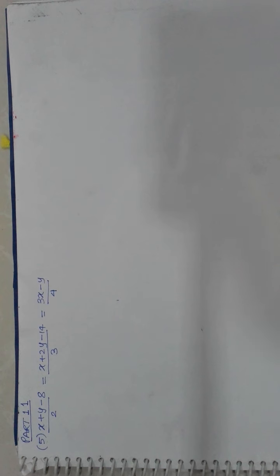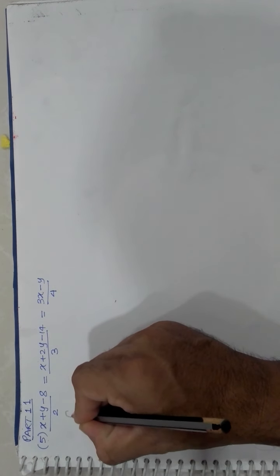That is, x plus y minus 8 upon 2 is equal to x plus 2y minus 14 upon 3 is equal to 3x minus y upon 4. So how do we solve this when we have neither a single equation nor two separate equations? Let me think on this.